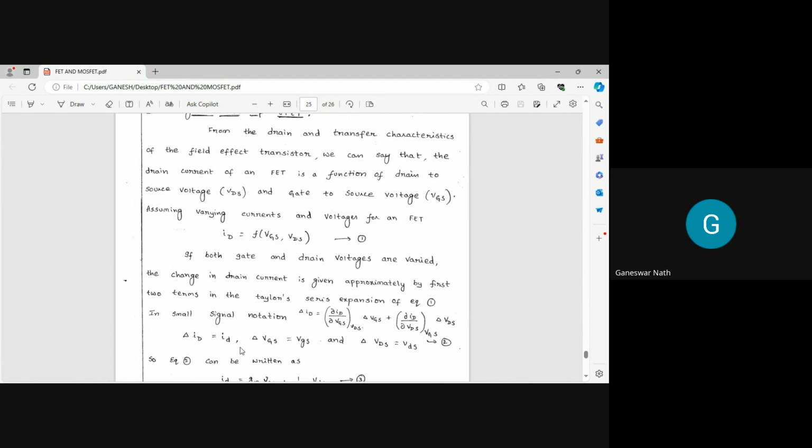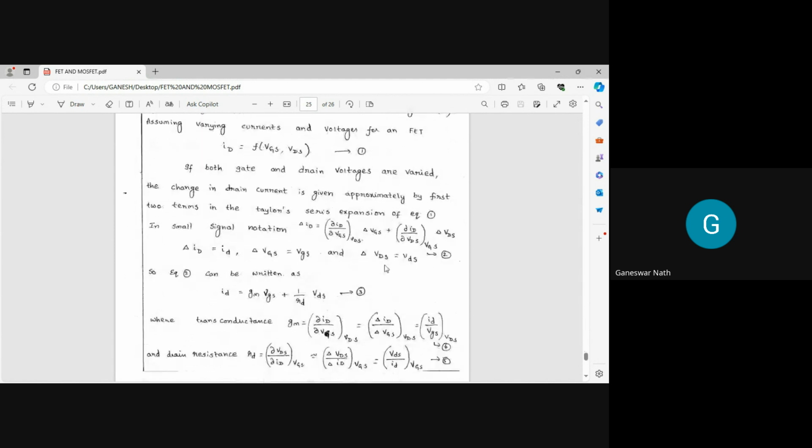Now delta ID is equal to id and delta VGS is equal to vgs if we put the AC values. Then this equation 2 can be changed to id equals gm vgs plus 1 by rd times vds, where the transconductance gm is delta ID by delta VGS.